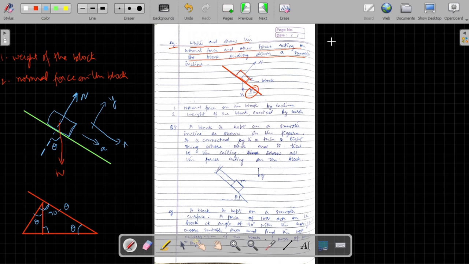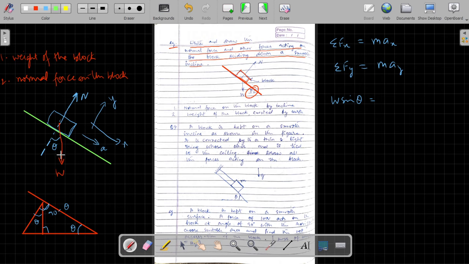We'll write our equation: sum of forces along the x-axis is equal to mass times acceleration along x, and sum of forces along the y direction is mass times acceleration along y. W sine theta is the component of the force acting along the x-axis.